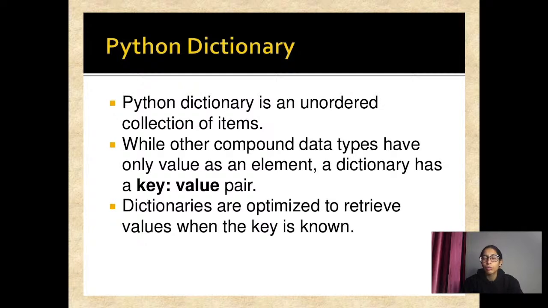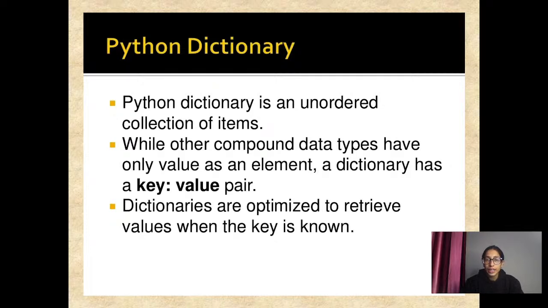In a list, we have elements separated by commas, likewise with sets, tuples, and strings. We have only one value per element, but in a dictionary we have a key as well as a value.